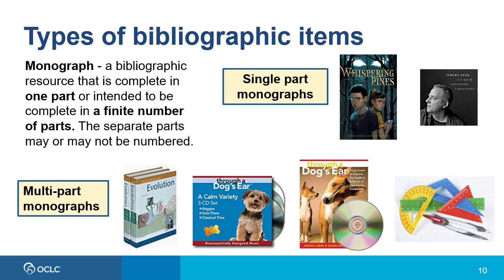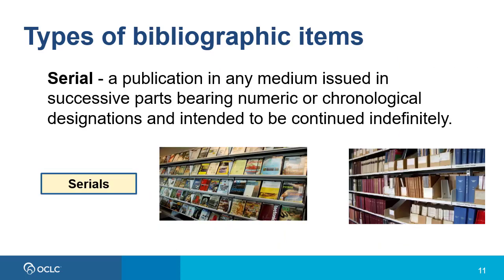Multi-part monographs could include a multi-volume encyclopedia, a 3-CD set, a book with an accompanying CD, or a kit, for example, which might include various measuring devices, as in this example. The parts may all be equal, or there may be a primary part with an accompanying secondary part or parts. LHRs for serials can include bound volumes or current issues for a serial title you're receiving.